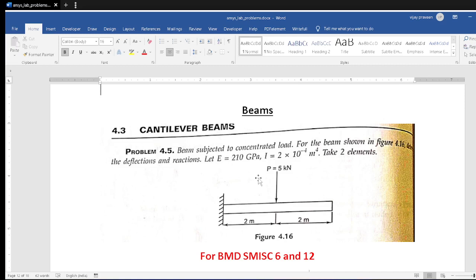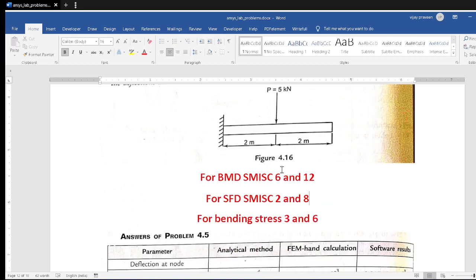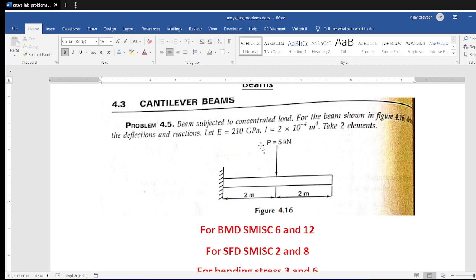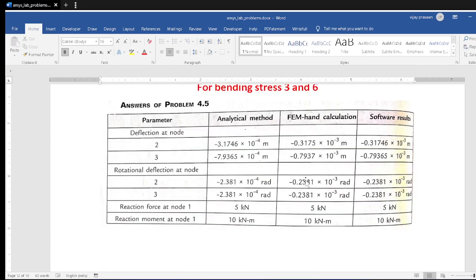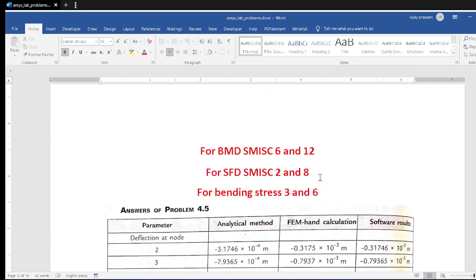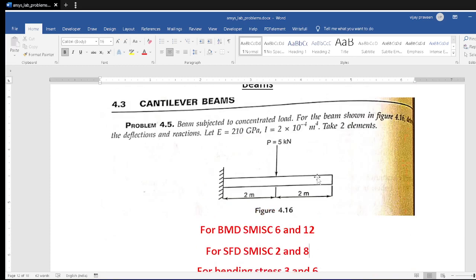But now, in addition to Young's modulus, the real constant I value is given, that is the moment of inertia, 2 into 10 raised to minus 4 meter to the power 4. We need to find the deflection as well as the reactions. Everything is given in meters, so the answers will also be in meters. Let's proceed into the Ansys window.